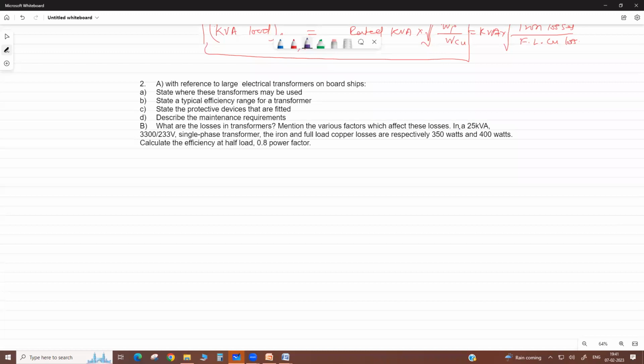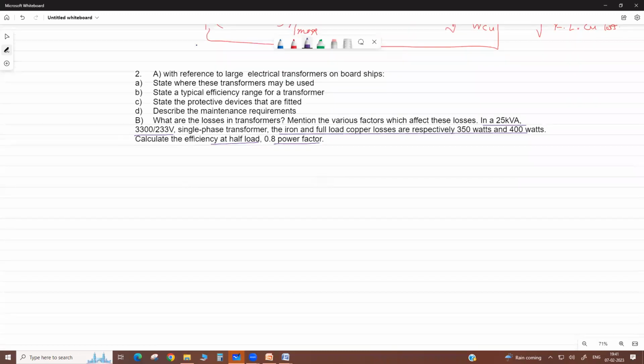Now there is a numerical. A 25 kVA single phase transformer has iron loss and full load copper loss given. Calculate the efficiency at half load and 0.8 power factor.